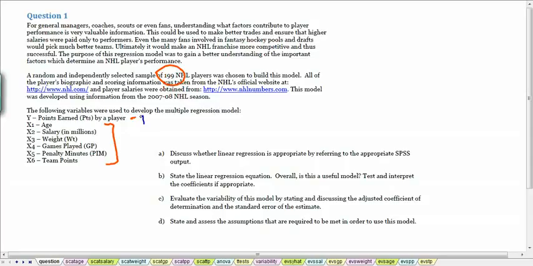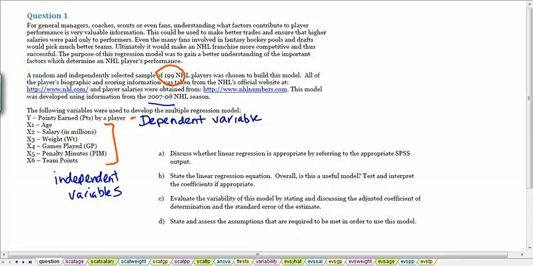So our dependent variable is the points earned by a particular NHL player, and these are the independent variables, or the factors. We're looking to see if any of these independent variables can explain the number of points that are earned by a particular NHL player. So we got the information from the 2007 and 2008 NHL season.